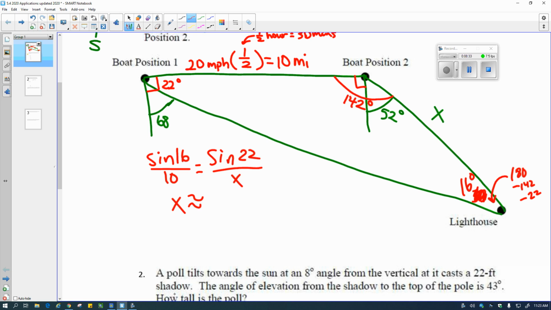Let's just go to the tenth so we can keep it consistent. And again, I'll wait for an answer and some concurrence. I got thumbs up. So 13.6 miles. Okay.